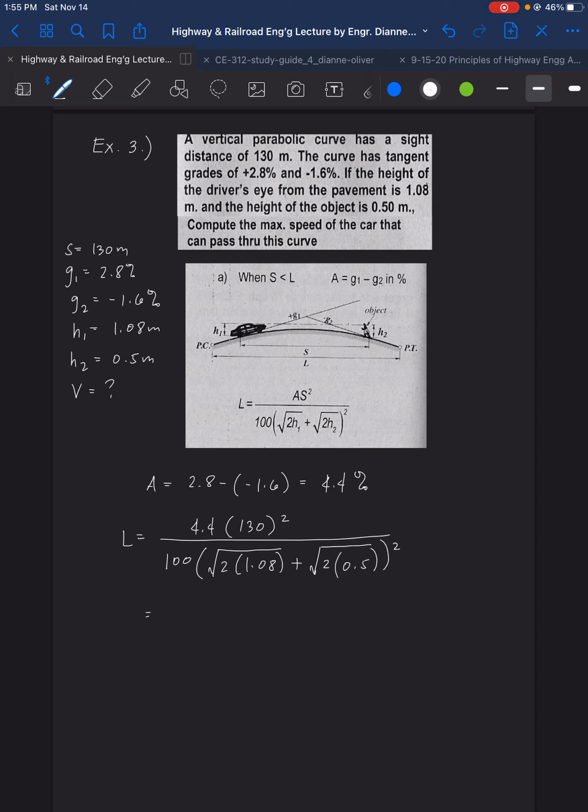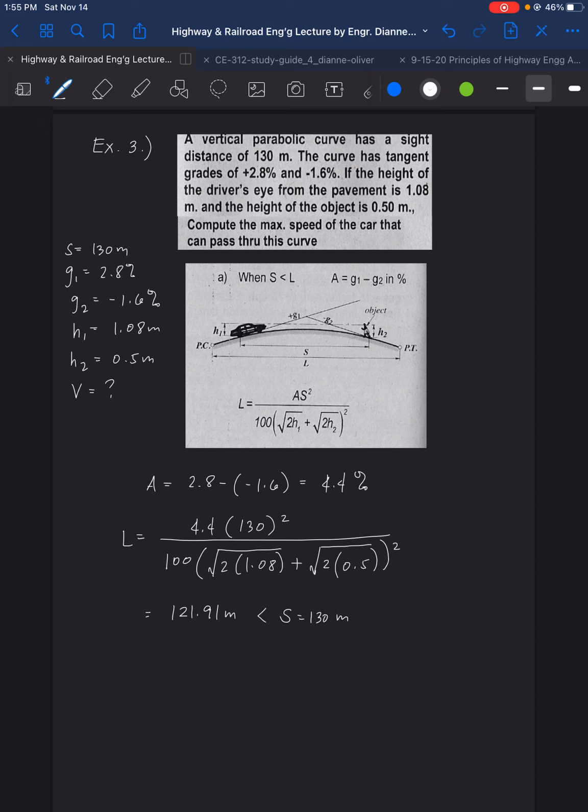Value of L is 121.91 meters, and this is less than S, which is 130 meters.